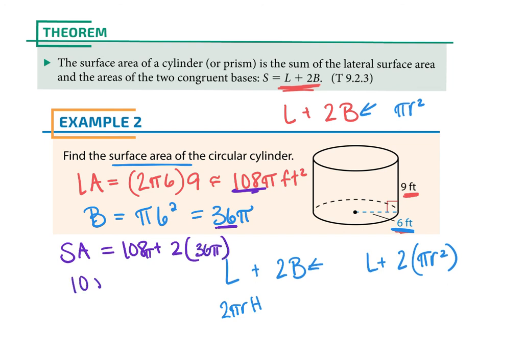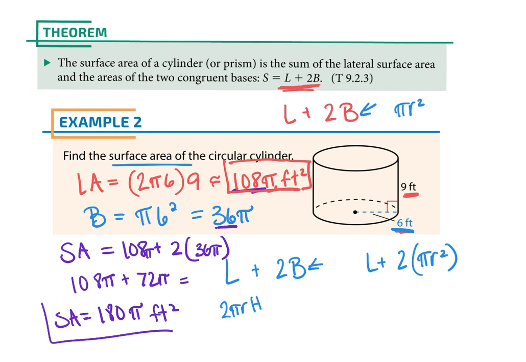So I have 108 pi plus 72 pi, all right? And that's going to give me 180 pi for my surface area. So my lateral area is 108 pi feet squared. My surface area is going to be 180 pi feet squared. If they tell you to round it, just plug the pi into your calculator and round it.